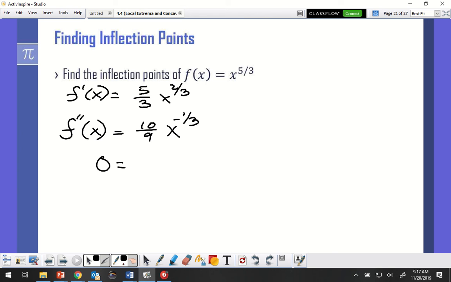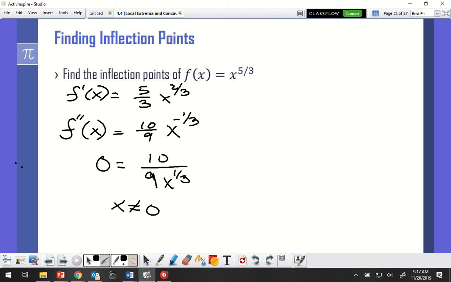So 0 is going to equal 10 over 9, that's a 9, x to the 1/3. Right? Okay. So that means it just can't be 0. So x cannot be 0.